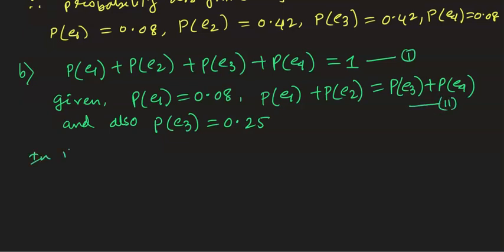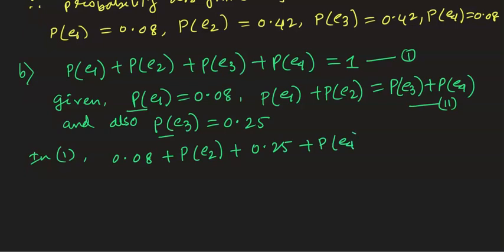So in 1 we put the value of probability of E1 and value of probability of E3. So we get 0.08 plus probability of E2 plus 0.25 plus probability of E4 equal to 1.